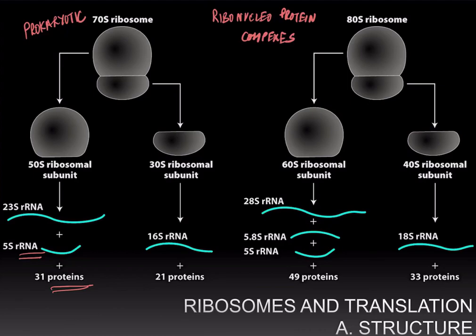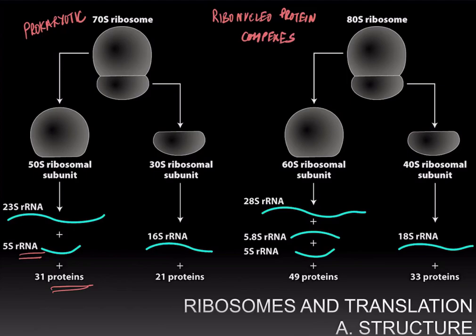Please keep in mind that they don't add up. The 70S ribosome is composed of the 50S large ribosomal subunit and a 30S small ribosomal subunit, but 50 plus 30 is 80, and they don't add up.